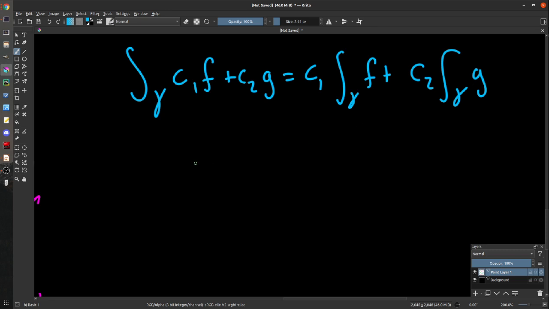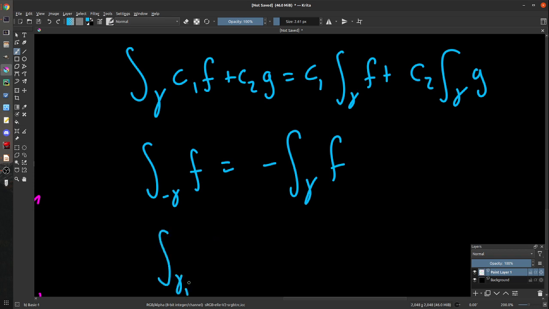Bada boom. All right. We have that the integral about minus gamma of f is minus the integral about gamma of f. That's kind of why we call it minus gamma. Also the intuitive idea that you're just going backwards, the same as switching the limits of integration back in regular old calculus. And then naturally, the integral about gamma 1 plus gamma 2 of f is the integral about gamma 1 of f plus the integral about gamma 2 of f.